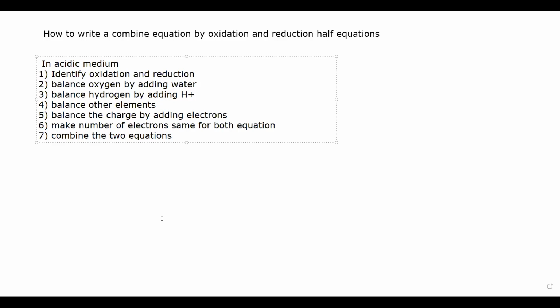Example, I have MnO4 with a charge -1. It is changing into Mn plus 2. What is this change? Oxidation or reduction?